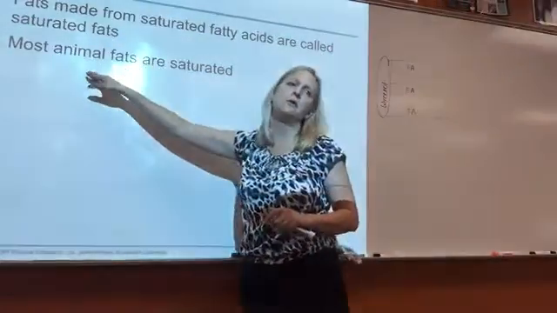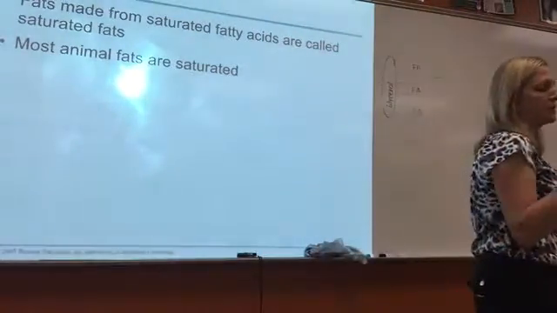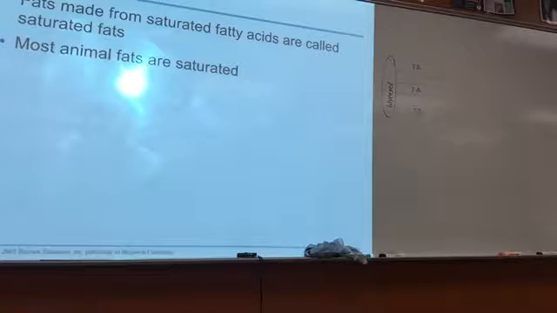So if the source is from an animal, they're saturated with no double bonds. There are some exceptions with that. One exception is fish oil. Fish oil is a fat that comes from fish, which is an animal, but is liquid at room temperature. So that's an exception to that rule that most animal fats, and that's why it says most, are saturated.